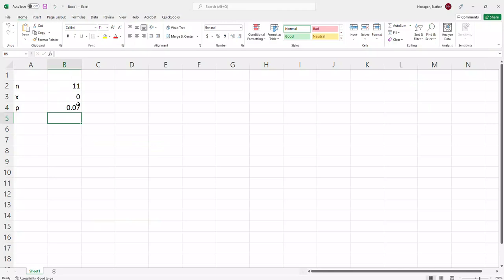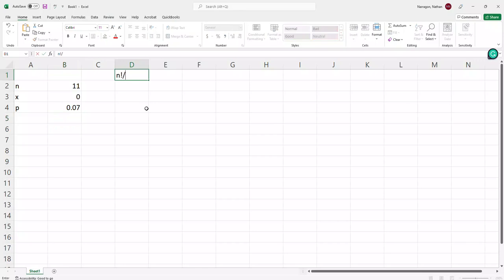Alright, so let's start building out this formula. The first part that we need to build out is the permutation counting one. So that is n factorial divided by x factorial in parentheses n minus x factorial. What we mean by factorials, these are the exclamation points.